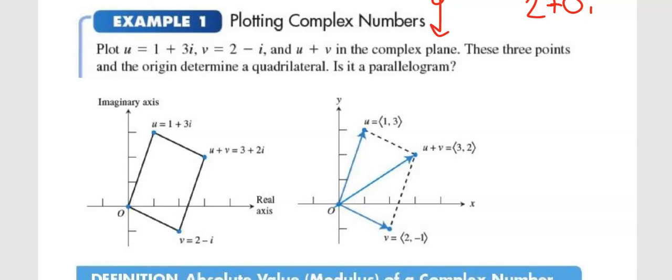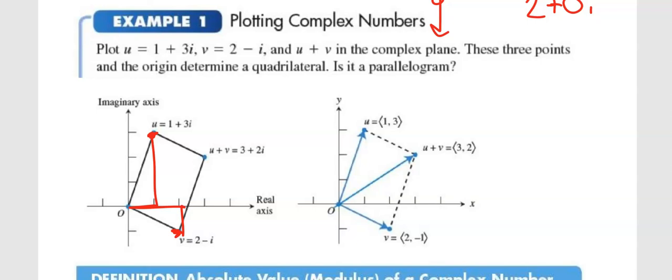So, in example 1, plotting complex numbers, we want to plot, they're calling it u, 1 plus 3i. Alright, so yeah, that's 1 over 3 up. There it is, 1 plus 3i. 2 minus i, yeah, that's 2 to the right and 1 down.